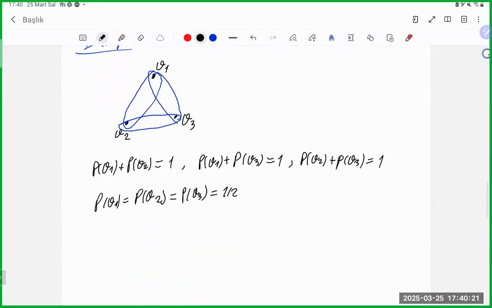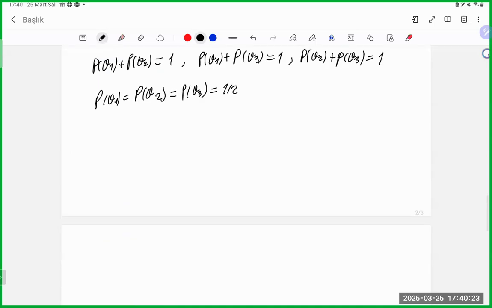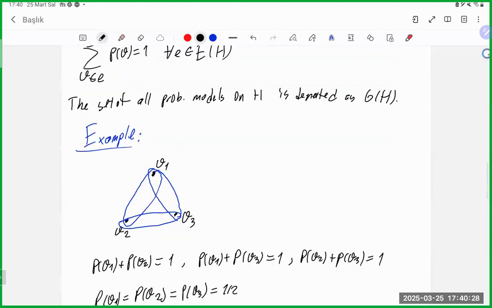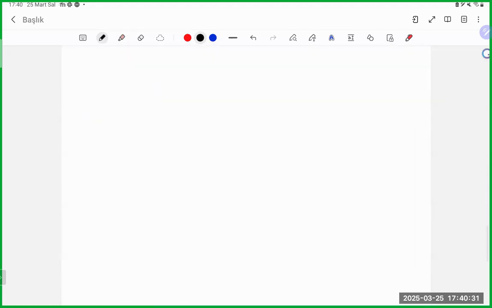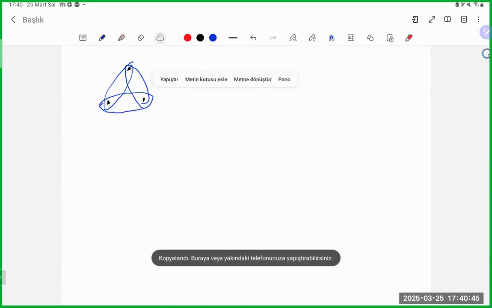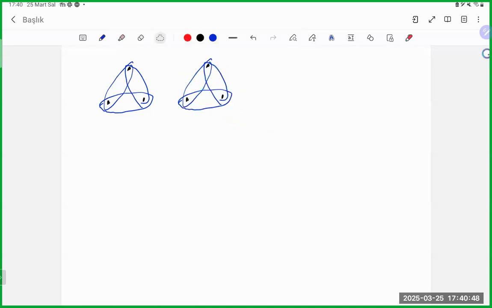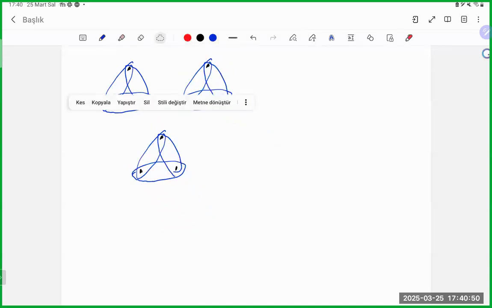Okay. So also, not all contextuality scenarios have a valid probabilistic model. For example, take 3 of those triangle scenarios, and let me copy those. And let's connect those 3 vertices with this edge.